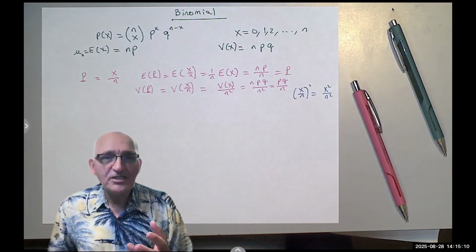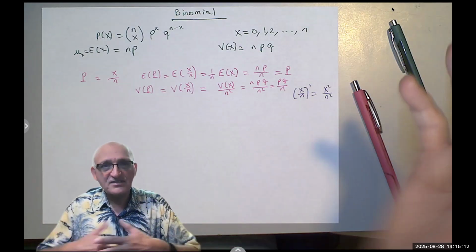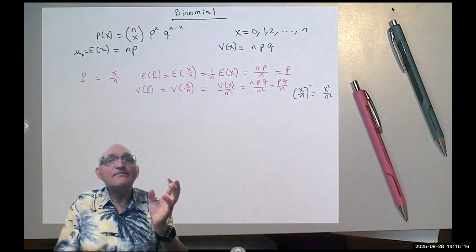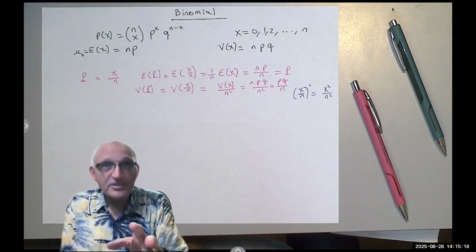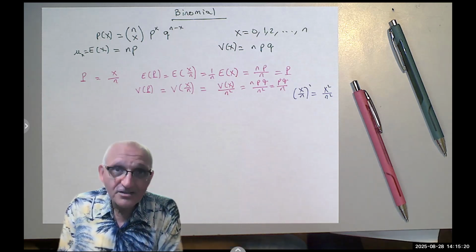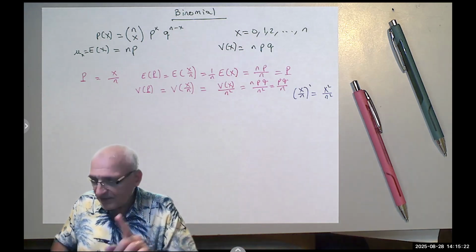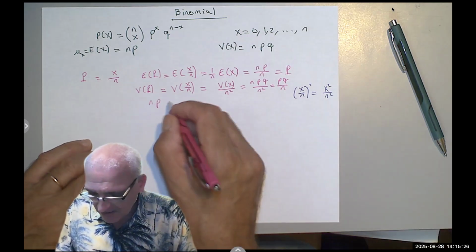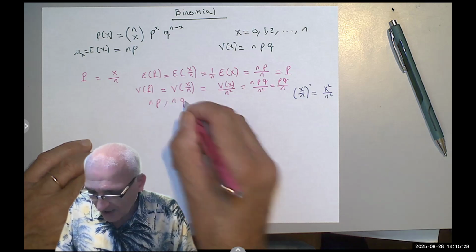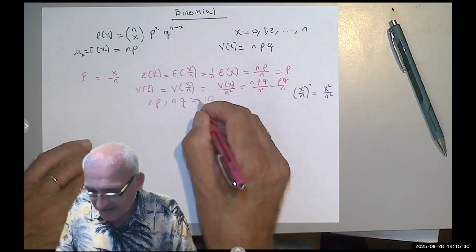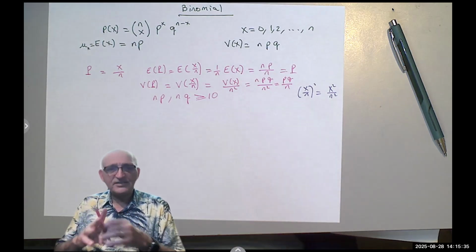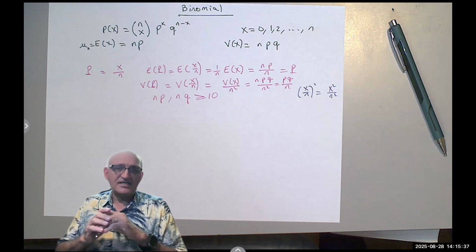So usually when we have large samples, we can let the normal distribution replace the binomial due to the central limit theorem. However, statisticians will tell you to make sure that np and nq are both at least 10. In the old days, I think we used 5, but now they say to be safe, make it at least 10.